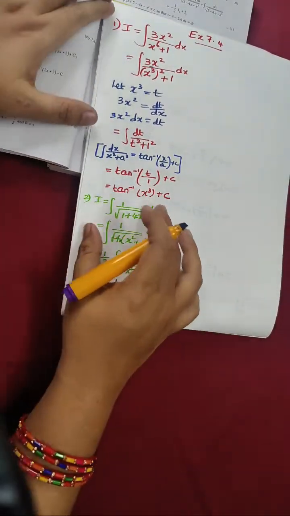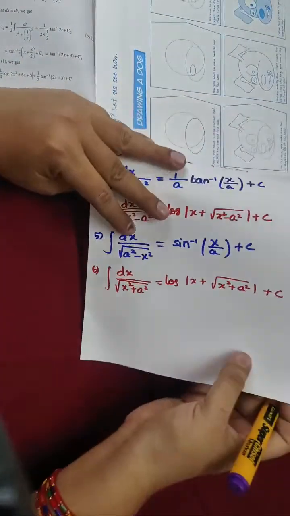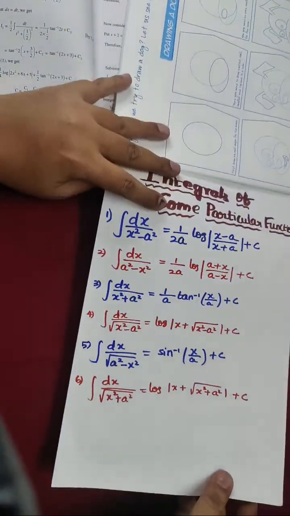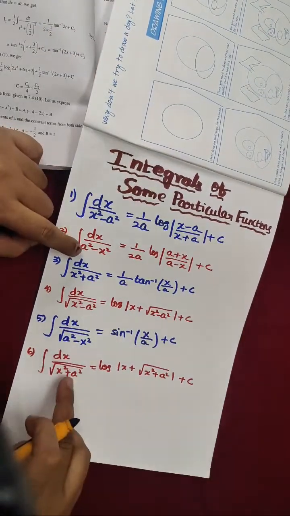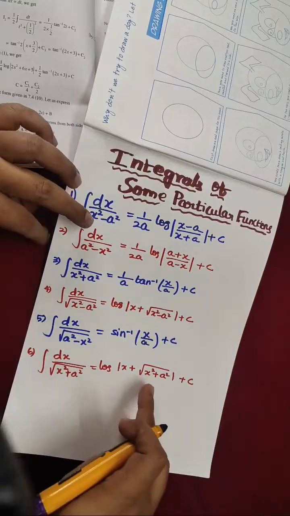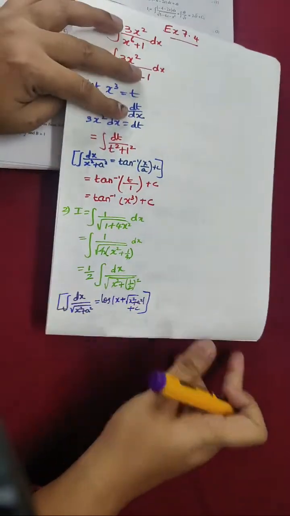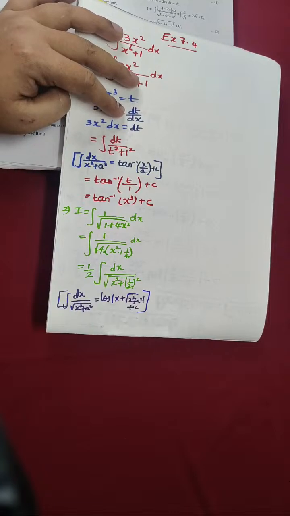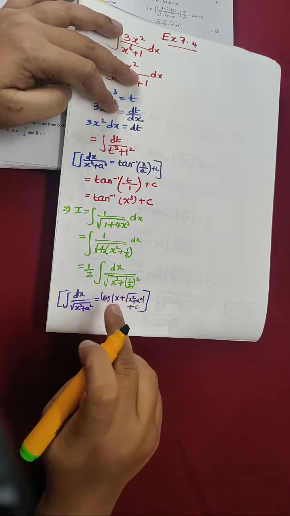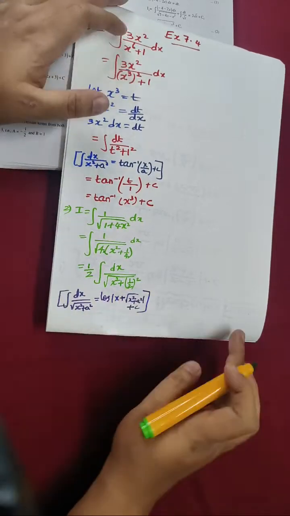I guess you remember. The formulas which I have posted yesterday for your reference are also in the textbook. So here you have integral of 1 by root of x square plus a square is log of x plus root of x square plus a square. That is what is applied here. You need to write which formula you are going to apply, or which form you have converted. Now in place of x you have x, in place of a you have 1 by 2.